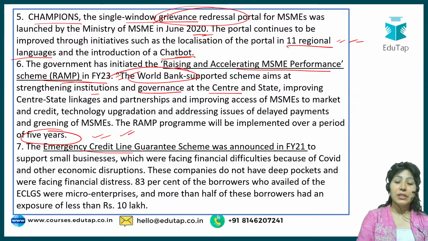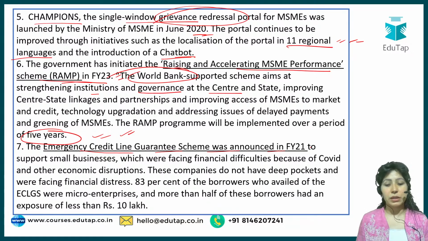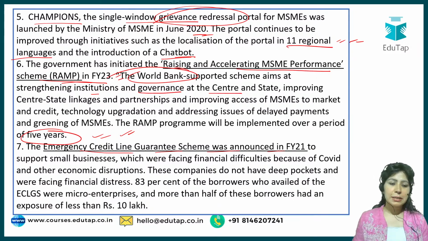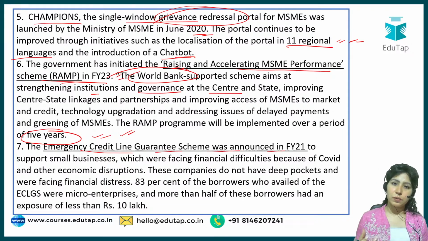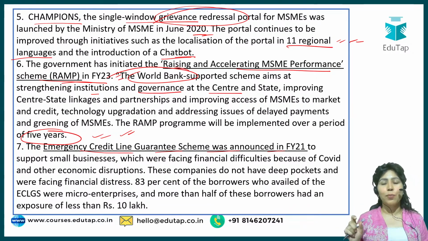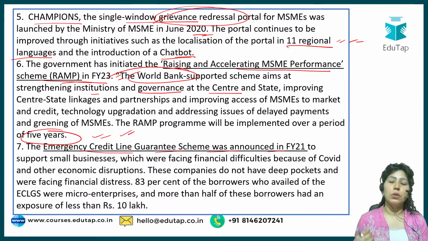Then you have emergency credit line guarantee scheme. It was announced in fiscal year 21. Apart from these, there is the Mudra Yojana, there is Stand Up India scheme for helping entrepreneurs from vulnerable sections of society. Small loans or Mudra loans can be given to the MSME sector.